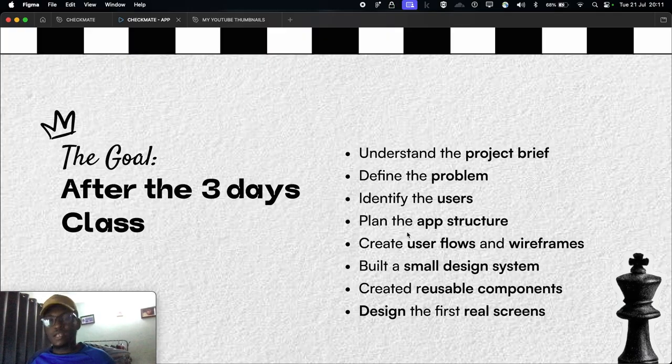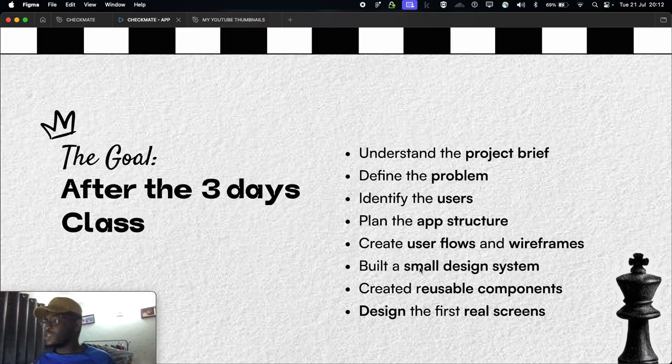We'll be able to identify the users of that product. Then we can plan the app structure. Okay, what is this app, where is this app going to start from, what are the screens needed and stuff like that. Also, we're going to be creating user flows and wireframes. We'll be building a small design system, right? Just because we are beginners and we're trying to get everything together, we're building a design system to help us.